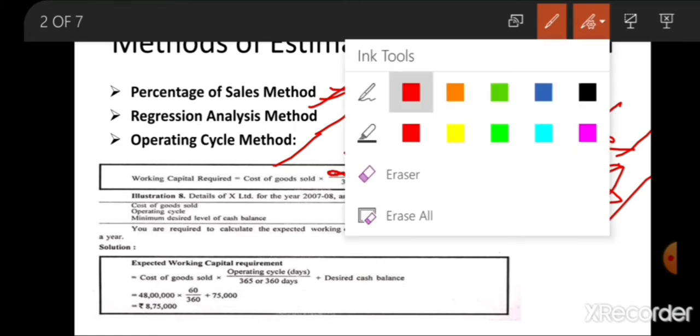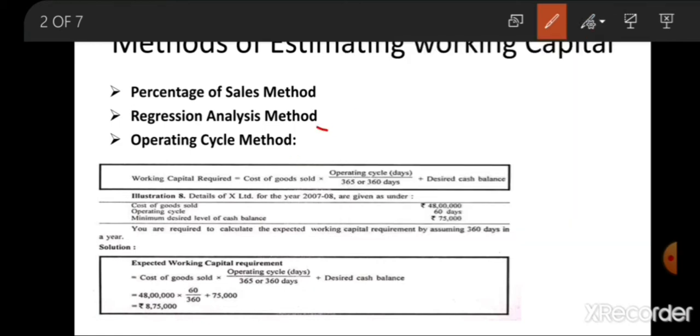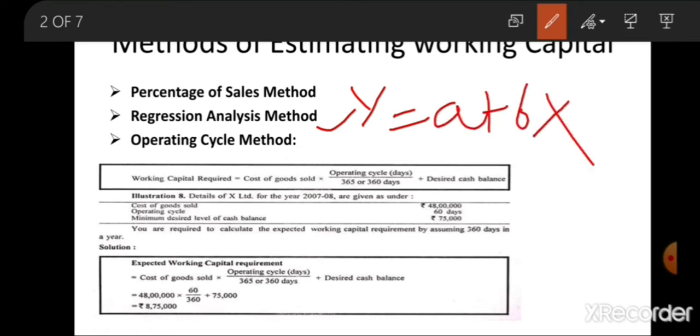So next we have the regression analysis method. Students, this method is based on the statistical technique of estimating or predicting the unknown value of a dependent variable. What is the equation? Y equals A plus BX.